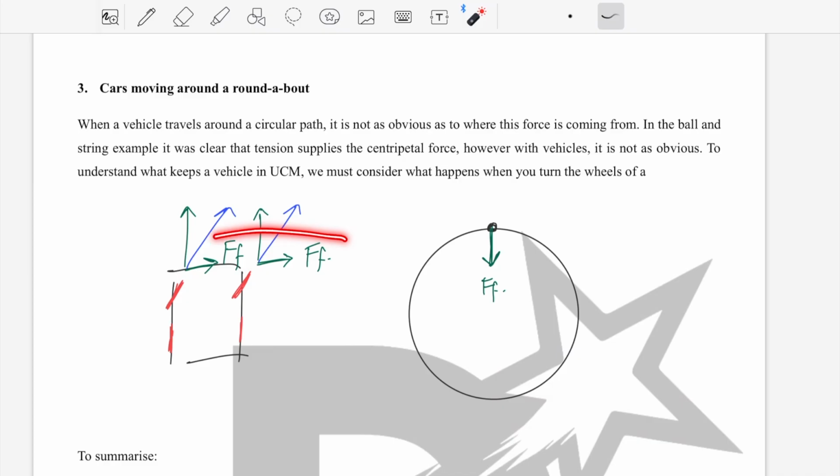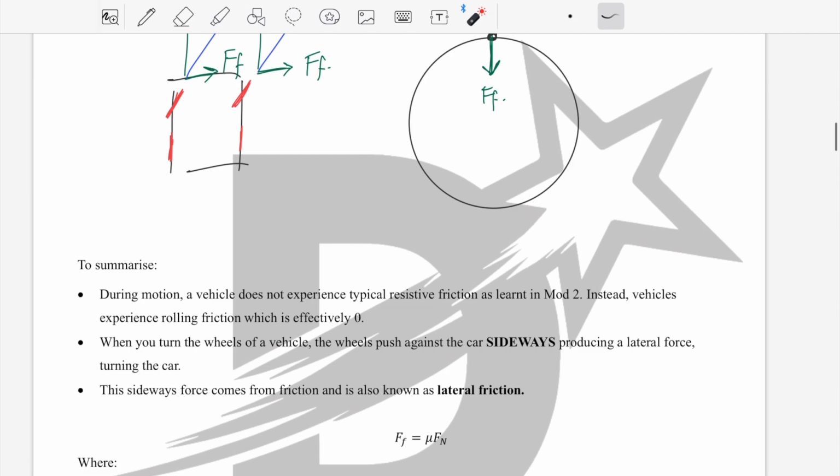Essentially what we want is the frictional forces to the side, and these sideways frictional forces are what's going to affect the object. So when you turn the wheels of a vehicle, the wheels push against the car sideways, producing a lateral force, turning the car. This sideways force comes from friction, and it's also known as lateral friction.